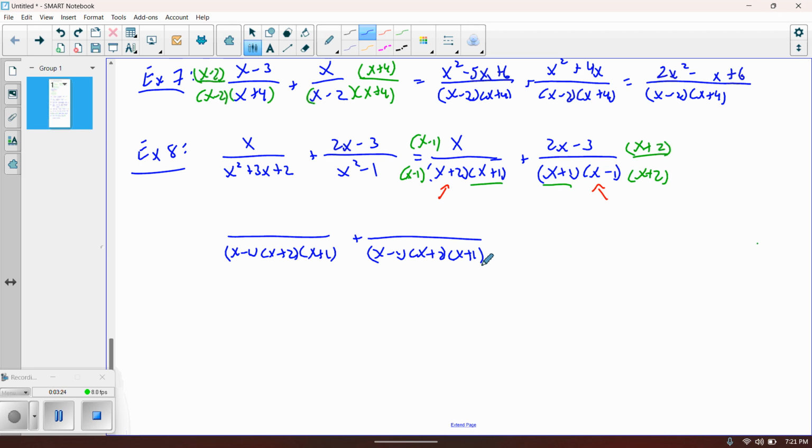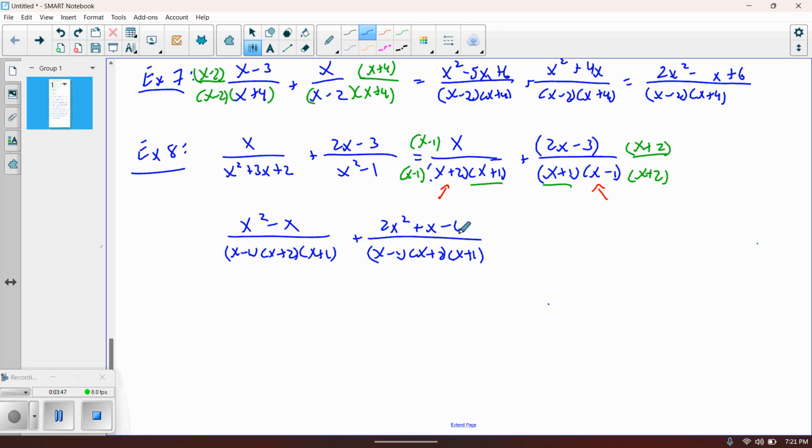So let's see, on the first one, we're going to get an x squared minus x. And on the other one, we will have to FOIL that. Again, think of that being in parentheses. So that's going to give us 2x squared. Let's see, we'll get a 4x and a minus 3x, so that'll be plus x. And then we'll have a minus 3 times 2, which is minus 6.